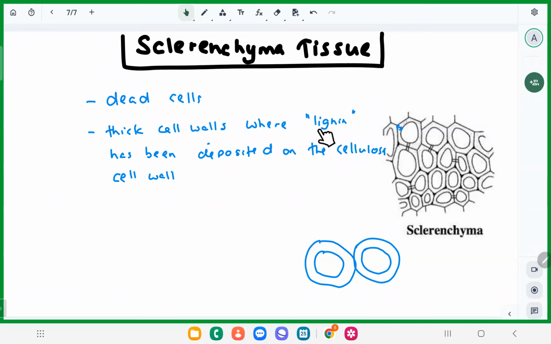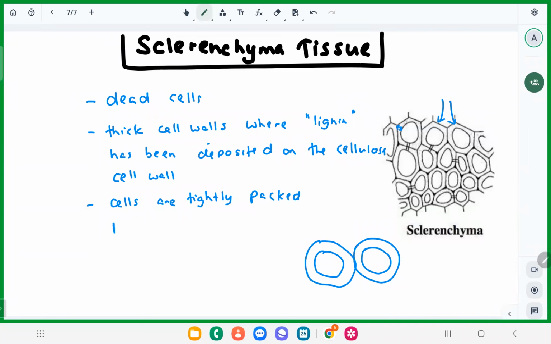Now, lignin is a very strong substance, and because the sclerenchyma tissue has lignin, it makes the sclerenchyma tissue strong, and that is why the primary function of sclerenchyma tissue is to provide support. Now, what are the other features in addition to these? You can see through this picture how the cells are tightly packed. And do you see any intercellular spaces?